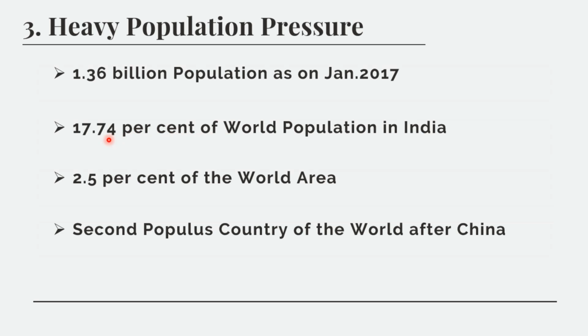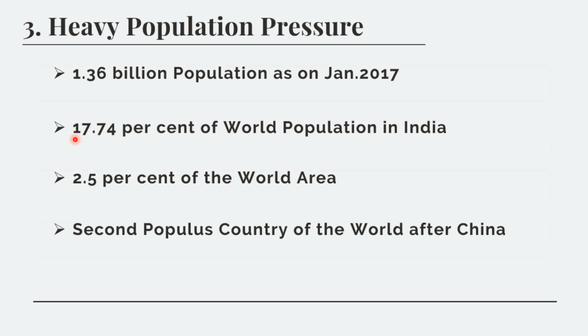And at the other end, out of the total world geographical area, India has just 2.5% of world area. On this 2.5% of world area, 17.74% of the population is residing.